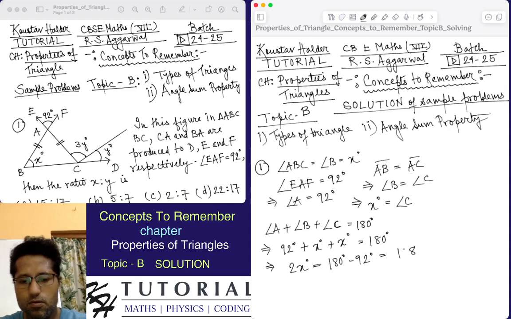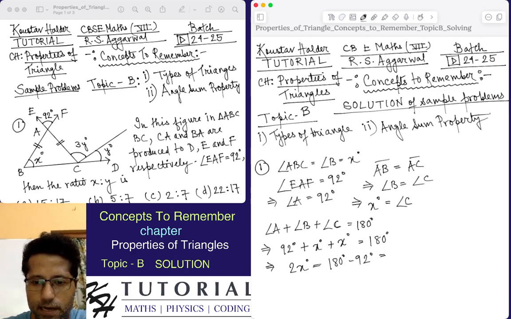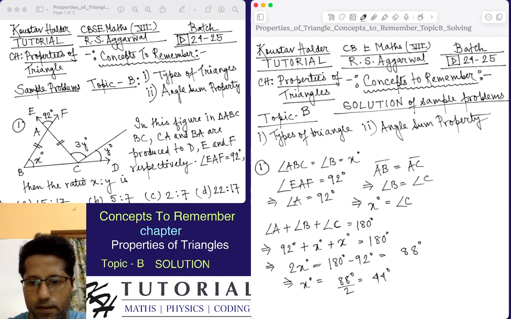This is how much? 180 degree minus 92 degree is 88 degree. This implies x degree is equal to 88 degree by 2, that is 44 degree. So this implies x equals 44.